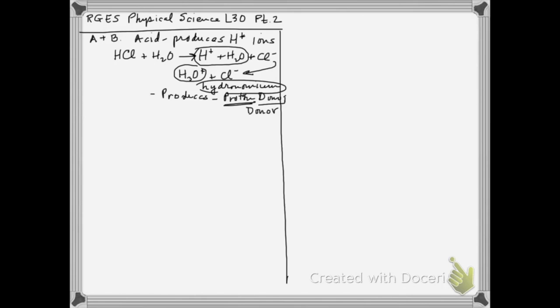Now, that's the Arrhenius definition we mentioned last week. This is the classical chemistry definition of what an acid is.